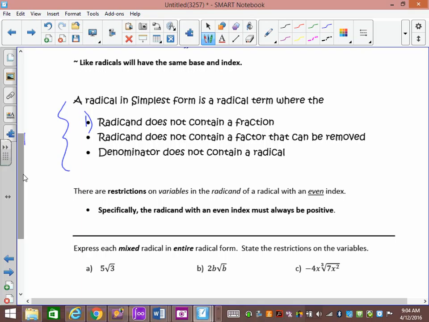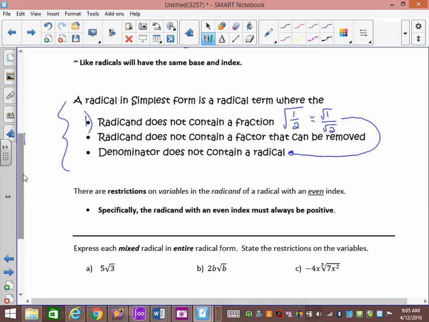Because if I had root 1 over 2, that's actually the same as root 1 over root 2, which messes with my third condition. My third condition says the denominator can't have a radical. Well, it does, right? So if you have a fraction under a radicand, it actually throws this one right out. Your radical can't have a denominator, or your denominator can't have a radical.